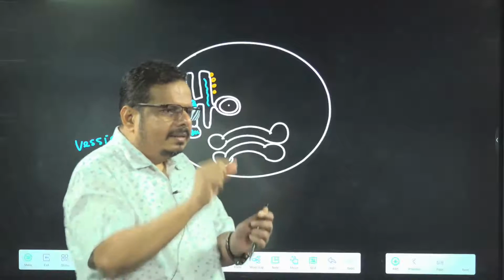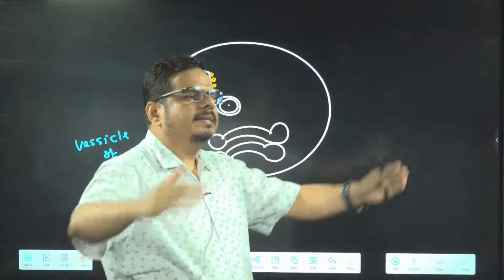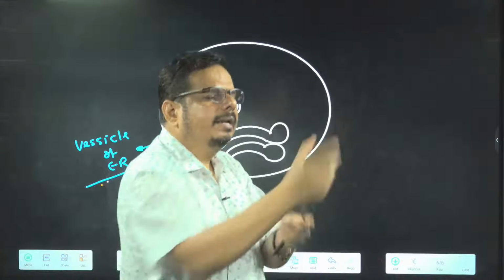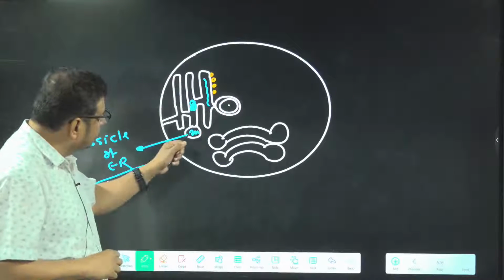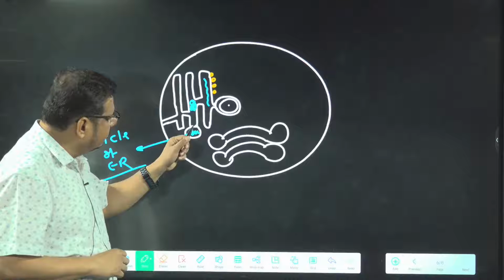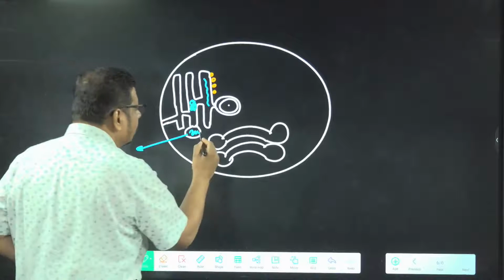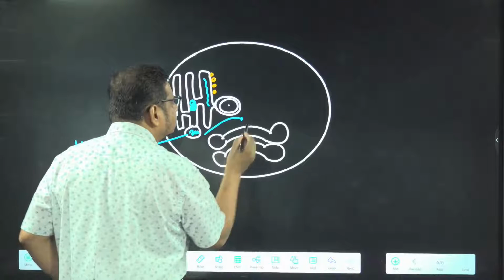What happened? The membrane evaginates, the protein enters, and then it is cut. So it becomes separate. Now this vesicle of ER migrates this side.